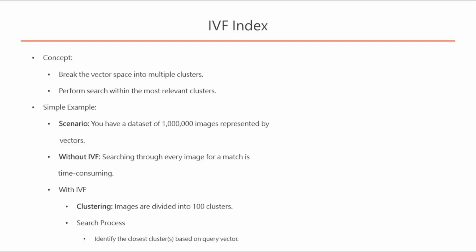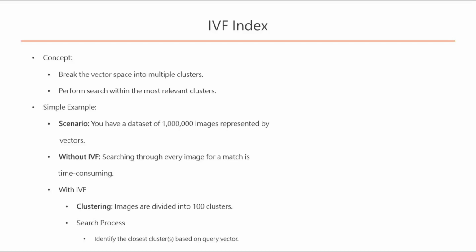So we introduce the IVF index. The IVF index breaks the vector space into multiple clusters and performs search within the most relevant cluster. A simple example scenario: you have a data set of 1 million images represented by vectors.